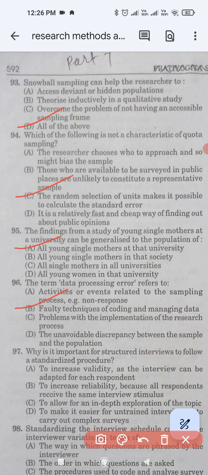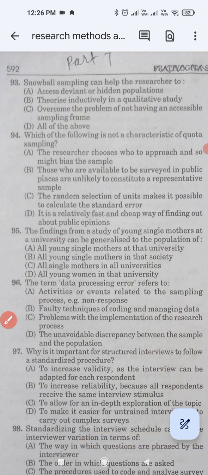Option D, to make it easier for untrained interviewers to carry out complex surveys. So which one is the correct answer? The correct answer is to increase reliability because all respondents receive the same interview stimulus. Option B is the correct answer.